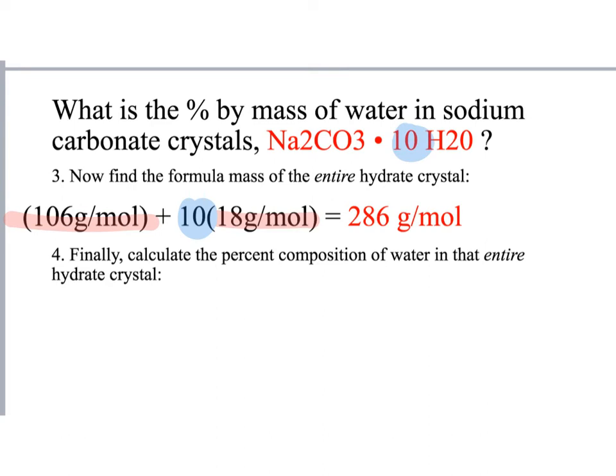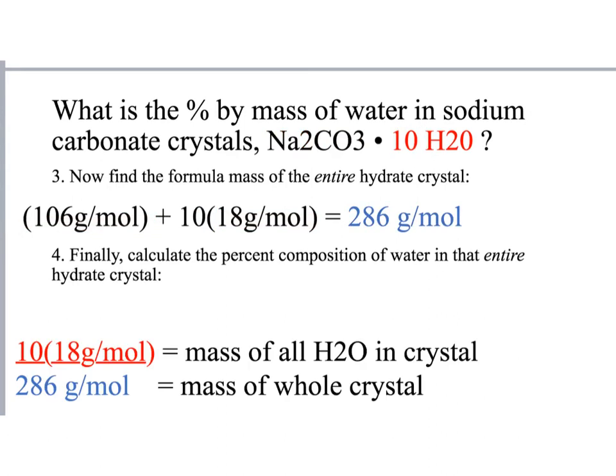So this is our second to last step. And then finally what we can do is calculate the percent composition of water in that entire hydrate crystal. We would do that by doing the same thing that we did with our other percent mass calculations. You're going to take the portion of the water divided by the overall mass of your substance.